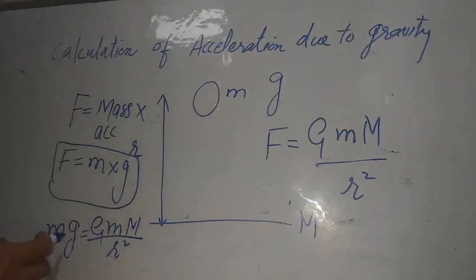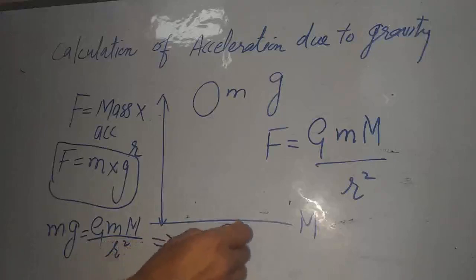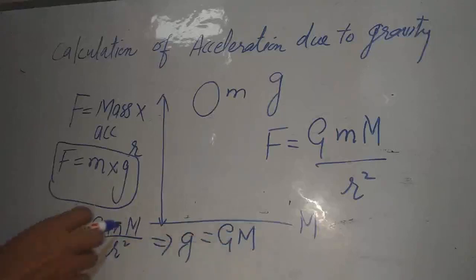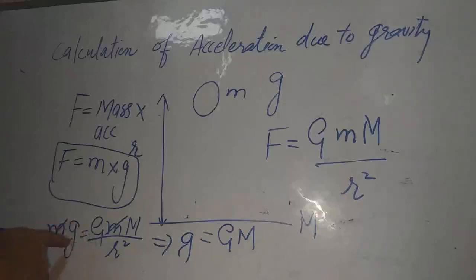So I can calculate the g here, which implies that g is equal to G M, and m gets cancelled here. So the value of g is equal to G M divided by r square.